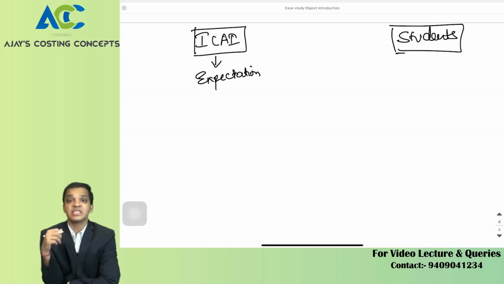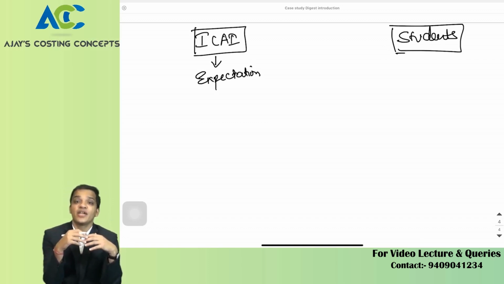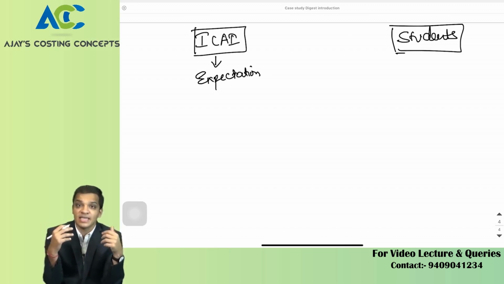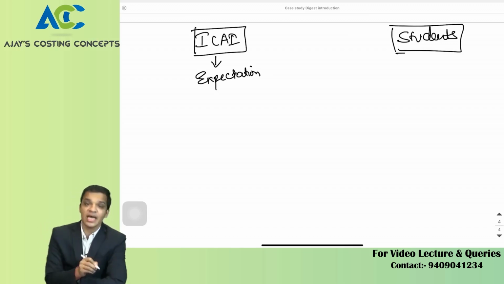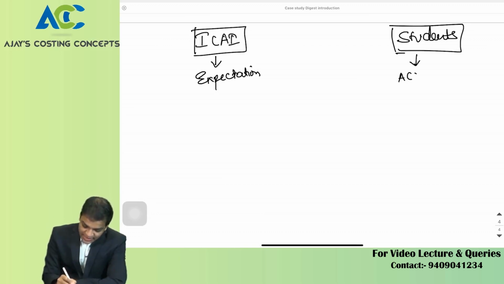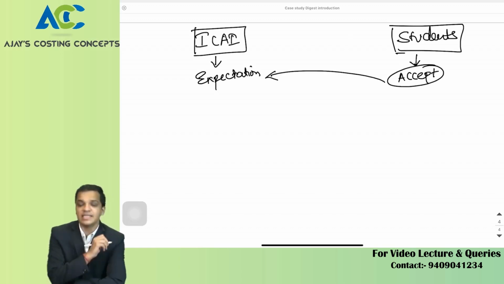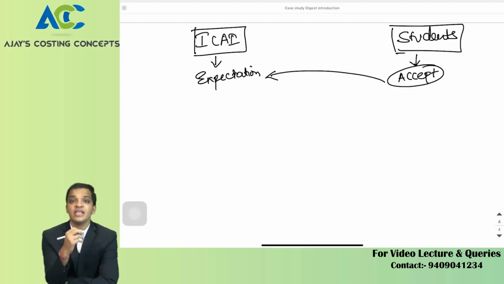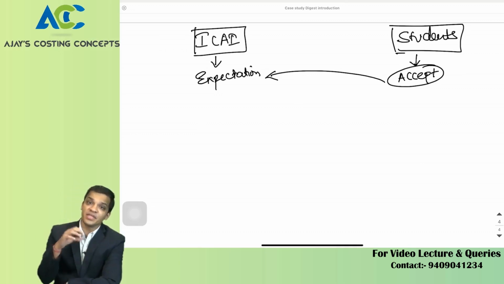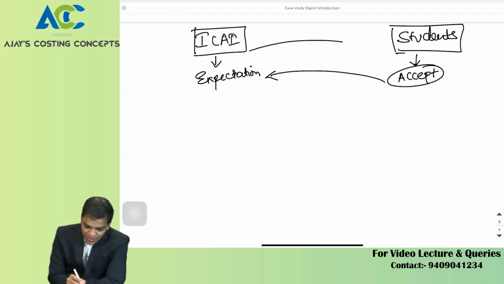They expect such kind of answers, such kind of questions, such kind of interpretations and analysis, and that is where the students are required to answer. Now, students have to accept the expectations of ICAI, right? So in this lecture, to make sure that students accept this, we become a bridge over here.